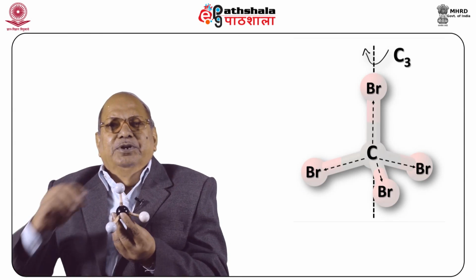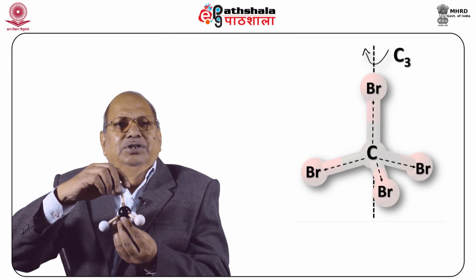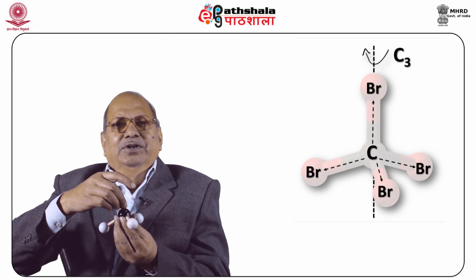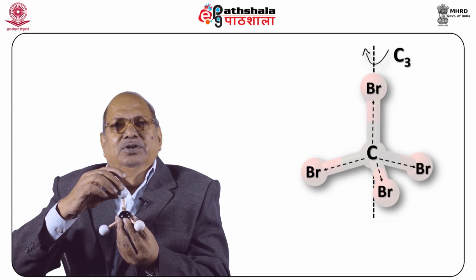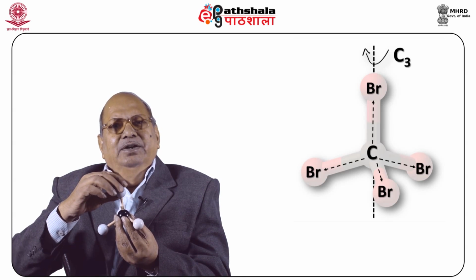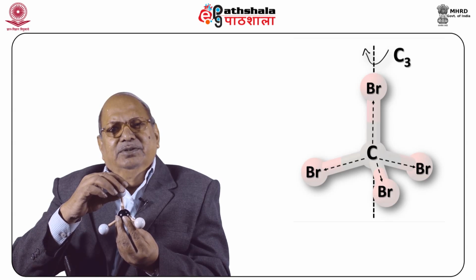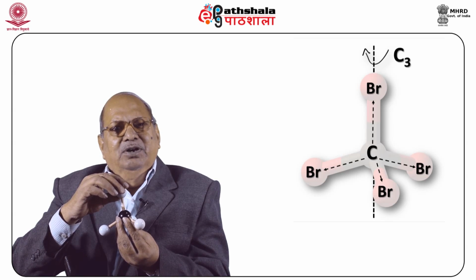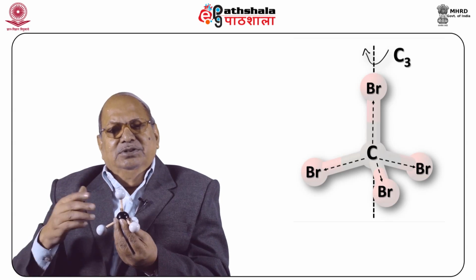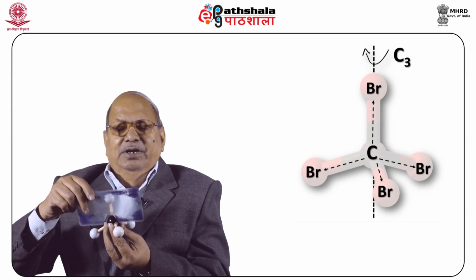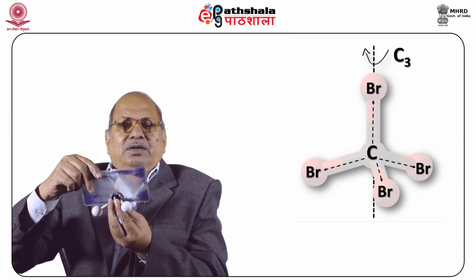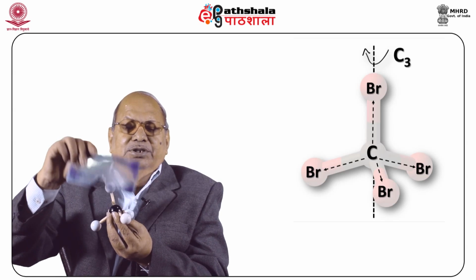The C3 operation shifts 3 of the CBr bonds, and only one CBr bond is not shifted. We can now work out the character for this. The remaining effects can be worked out similarly. What happens if I take sigma v like this? These and these will not change, and this and these will change.